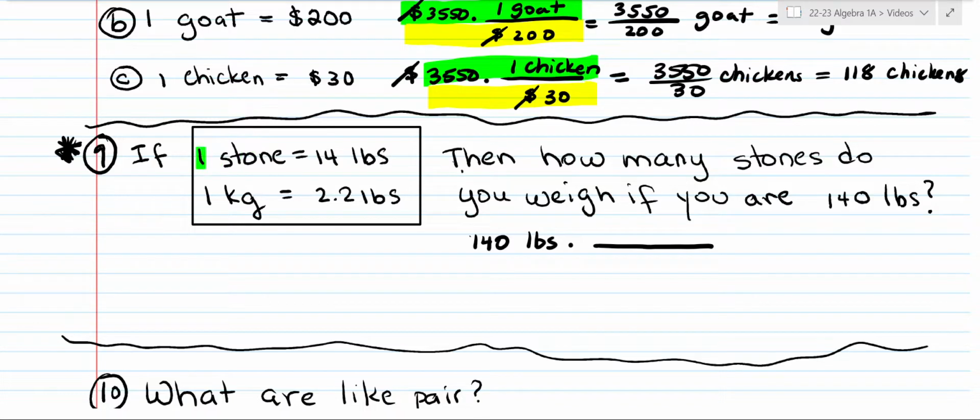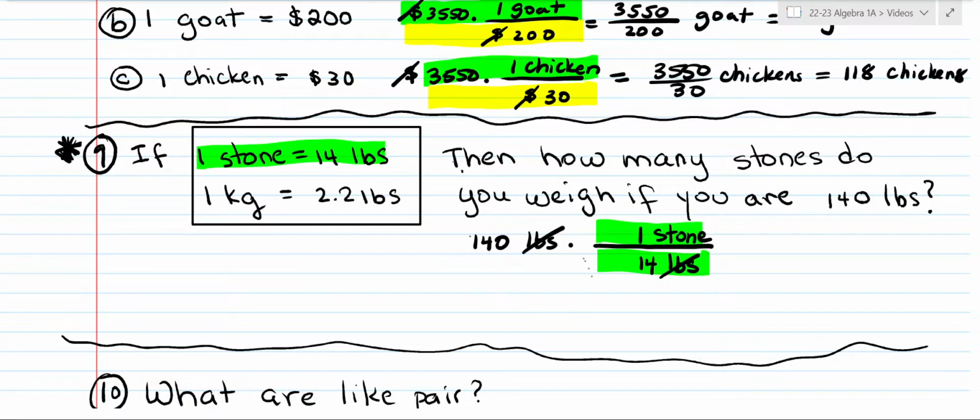Right here, see? Now you just need to decide what part goes in the numerator, what part goes in the denominator. Well, since you want to cancel pounds, you want pounds to be in the denominator, right? So that's why 14 pounds goes here and 1 stone goes there. See? Pounds cancels pounds, and now you're left with stones.